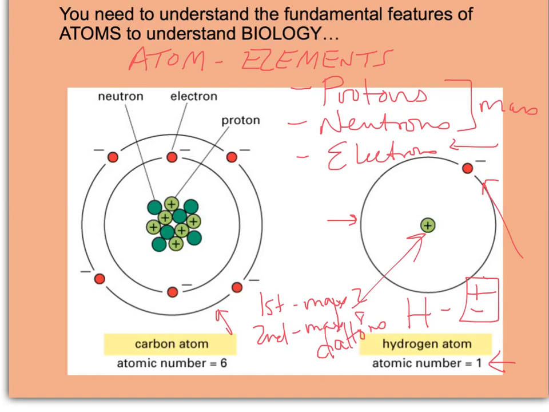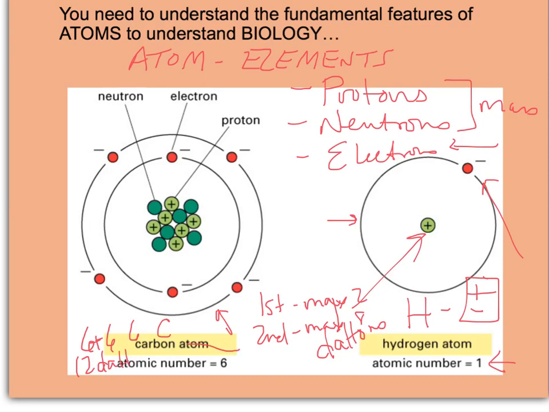Alright, so let's count the protons. How many protons are in carbon? There's 6 protons in carbon. How many neutrons? 1, 2, 3, 4, 5, 6. 6 neutrons. So 6 plus 6, and how many electrons? 6. Wow, everything's 6. So 6 protons and 6 electrons give carbon no charge, but 6 plus 6 gives carbon a molecular mass of 12 Daltons.